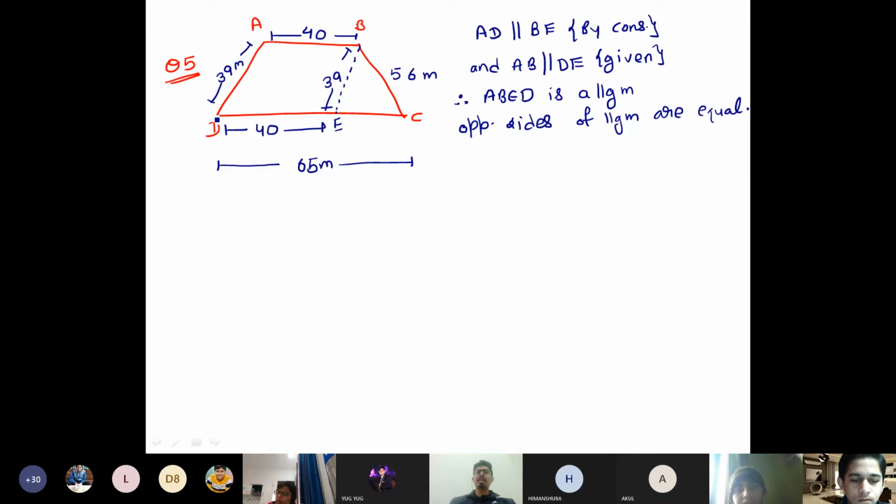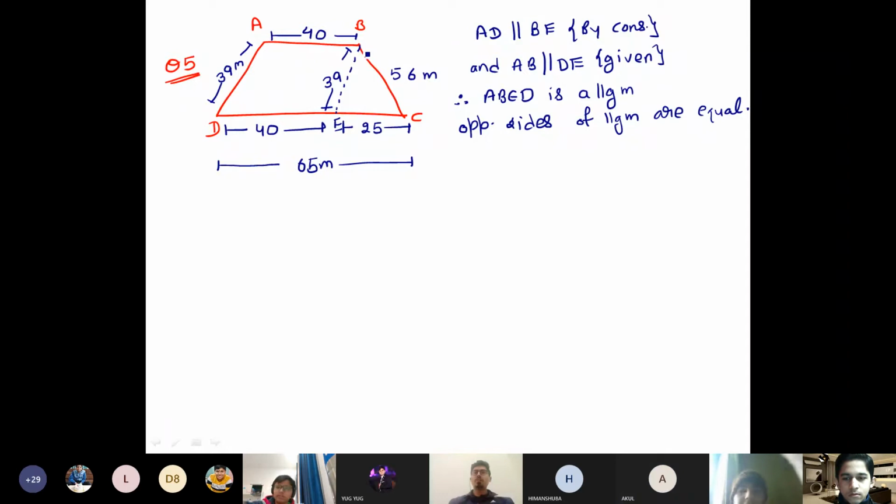Now see students, this complete DC is 65 and this is 40. So what will it be? It will be 25, because the complete DC is 65 and DE is 40, so the remaining portion will be 25. Is it clear to everyone?